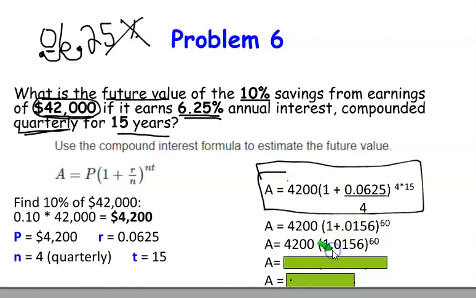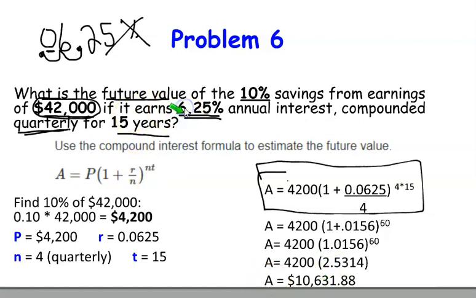Okay, so now I know I'm going to raise this number to the 60th power. Again, I am breaking this down into extra steps that you don't necessarily have to do. Now, what is 1.0156 to the 60th power? It's this. And then you multiply these two numbers together, and look at this.